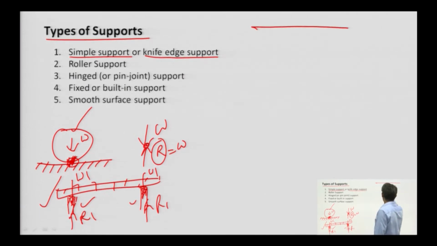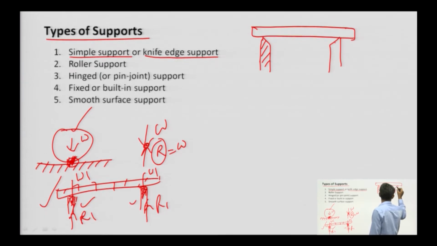So if this horizontal bar is placed in this fashion, then it is simply supported. You can easily uplift this horizontal bar, it is simply placed, and this type of support is simple support, or you can say knife edge support.